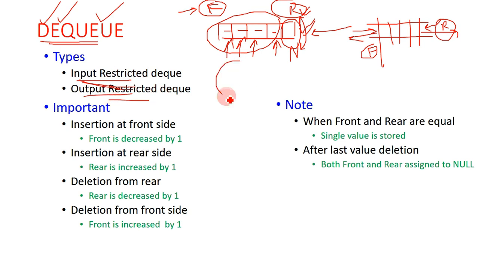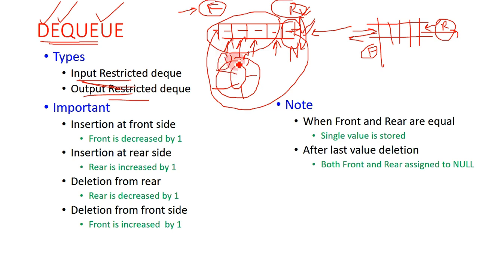And what is a circular queue? A circular queue means that you connect the last element, the nth location, with the first location. Say for example this is n and this is 1.